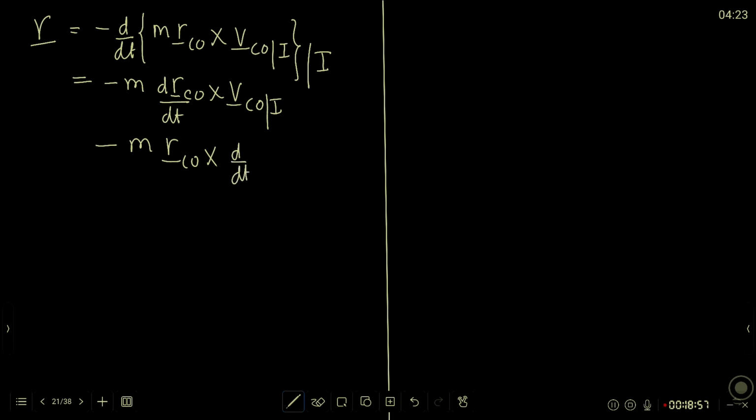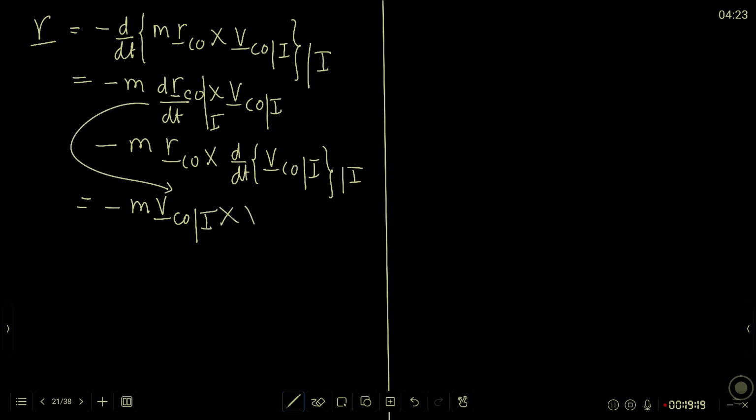Right? This gives me m v^CO/I cross v^CO/I minus m r^CO cross a^CO/I, which is this term. This again will vanish. You have gamma as minus m r^CO cross a^CO/I.